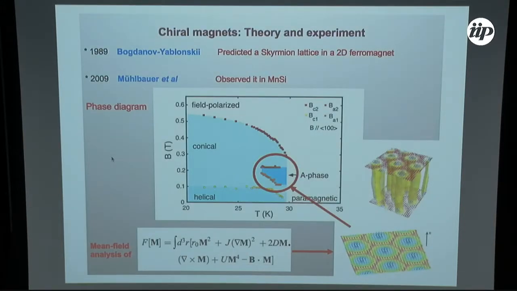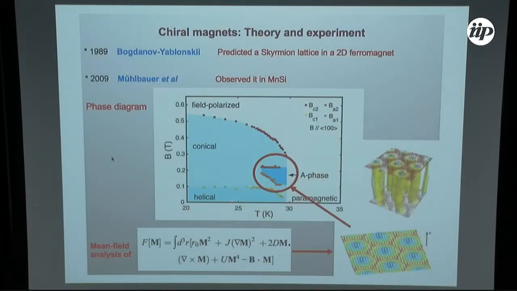After this 1989 paper by Bogdanov and Dzyaloshinskii, where this was studied analytically, the next big step was done by Mühlbauer and collaborators studying MnSi. That, of course, is a three-dimensional material, but still they could show that in the magnetic field versus temperature phase diagram there was some phase that had this structure at the surface.